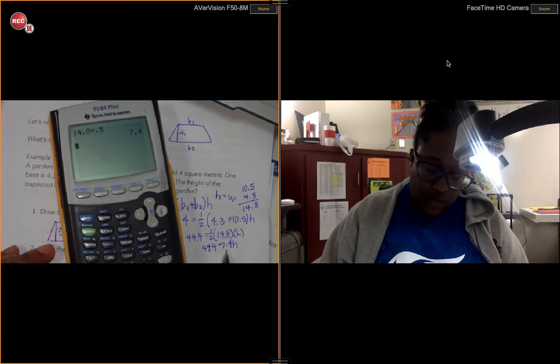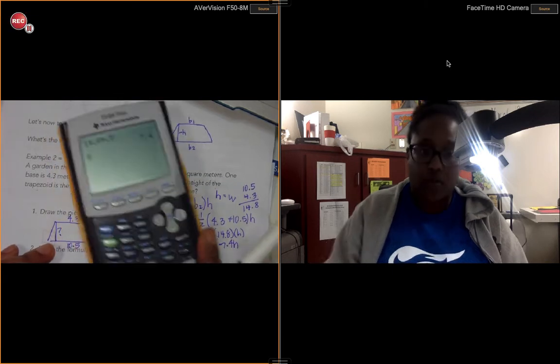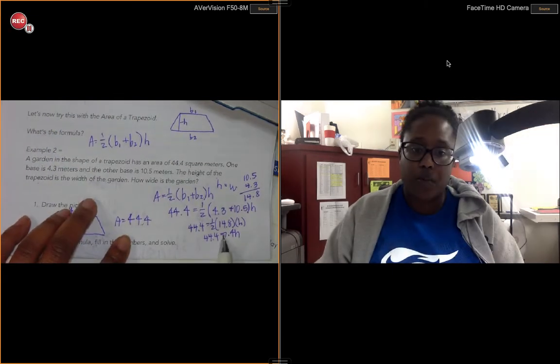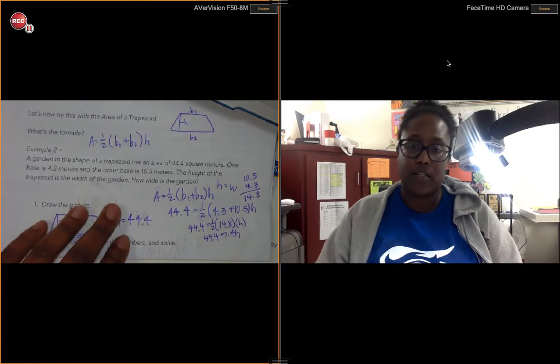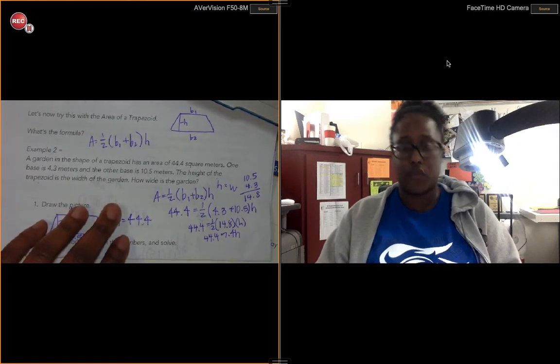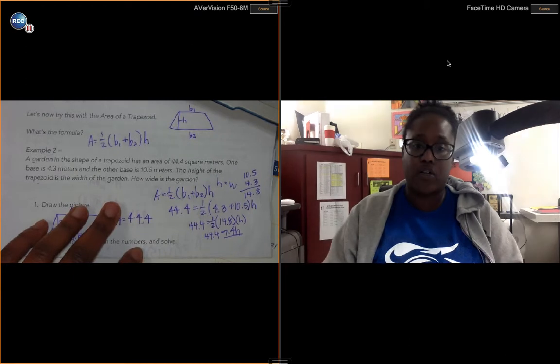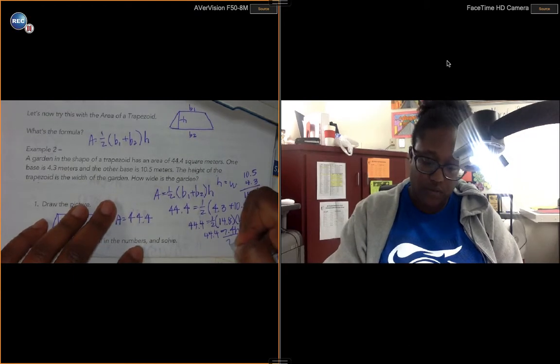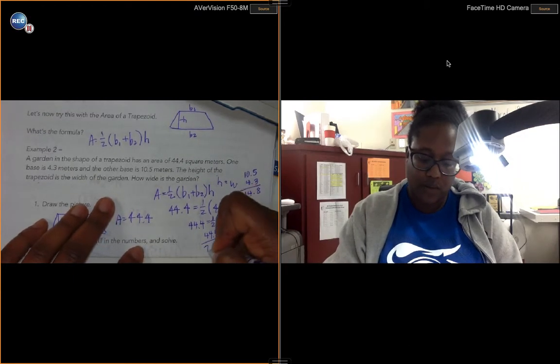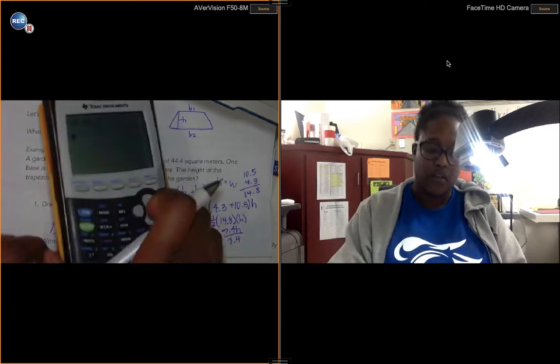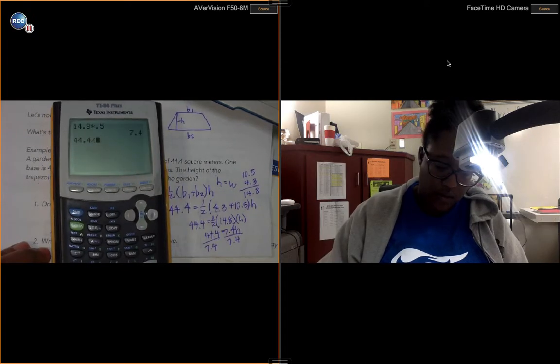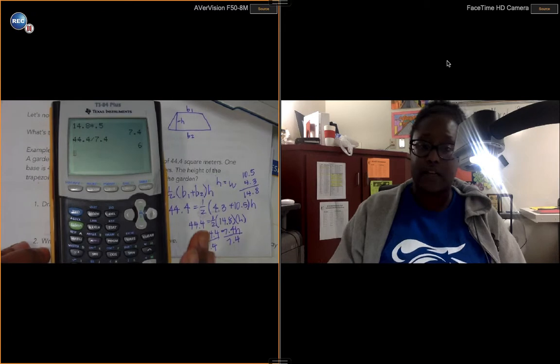I got 7.4, and then I tacked on my h. Remember, I want to get h by itself. The operation between a number and its variable is multiplication, so in order to get it by itself, we do the opposite. So we divide by the number that's already attached to the variable. So it'd be 7.4 divided by 7.4, and then 44.4 divided by 7.4 is going to give me 6.